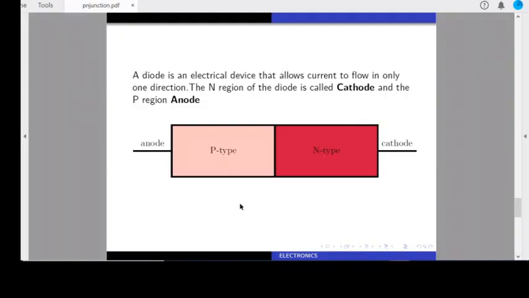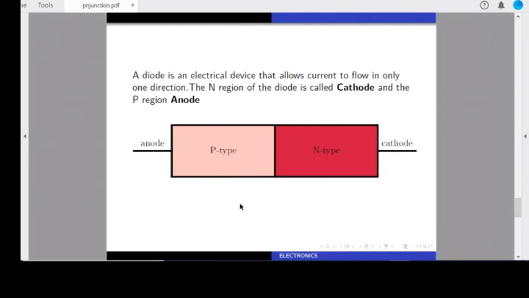A p-n junction acts in such a way that it allows current to flow in one direction, and it does not allow current to flow, or it allows very little to flow, in the opposite direction. A device which acts like a p-n junction is known as a diode.